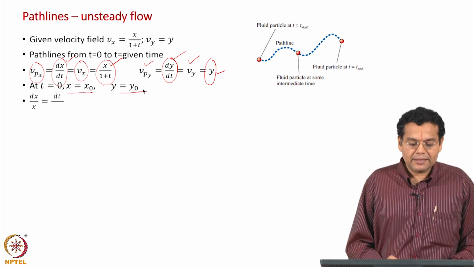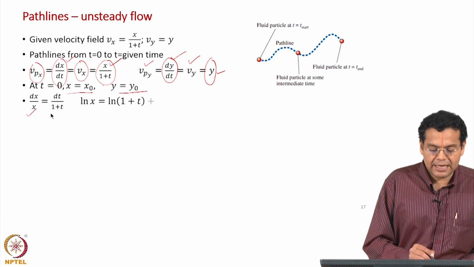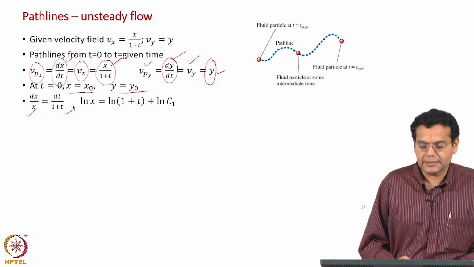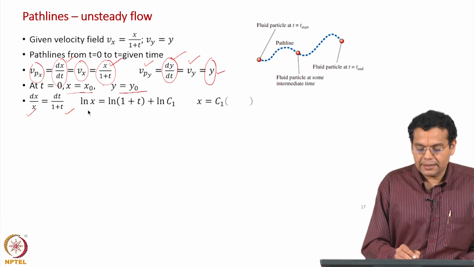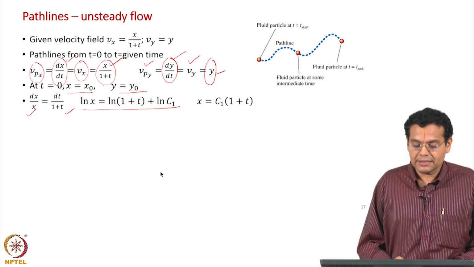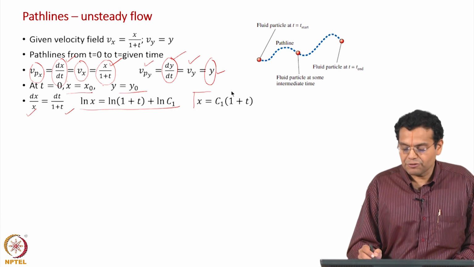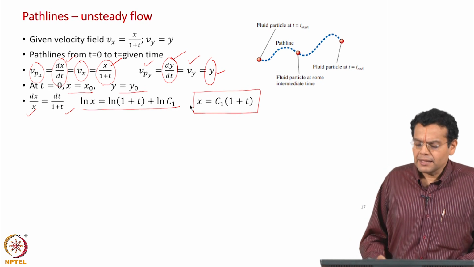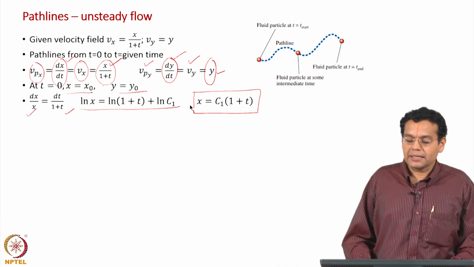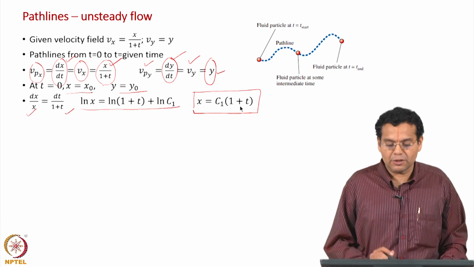So, we integrate these two equations. After rearrangement, dx by x is equal to dt by 1 plus t. Integrating, ln x on the left hand side, ln 1 plus t on the right hand side, ln c1 as a constant. So, the equation for the x coordinate of the particle as a function of time is given by this expression, x equal to c1 times 1 plus t.